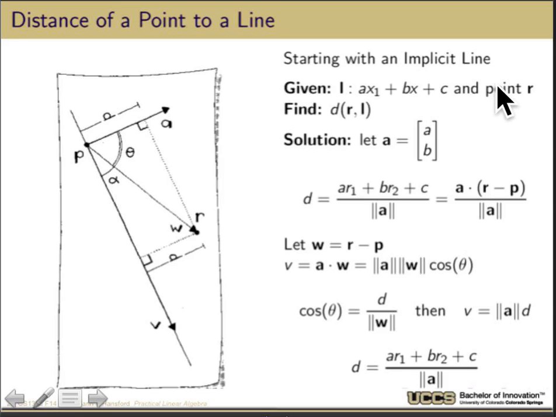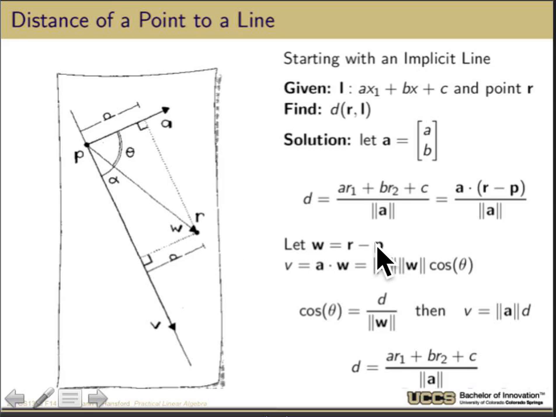So if we start with an implicit representation, a x1 plus b x2 plus c, and some point r, now I can ask what is the value of d, which we've talked about before, which is just a dot r minus p divided by the norm of a, which we can write out. I can then ask, what happens if I take some other point w?